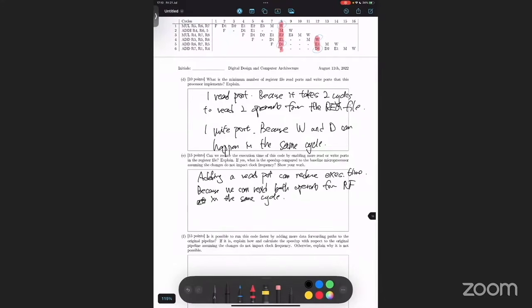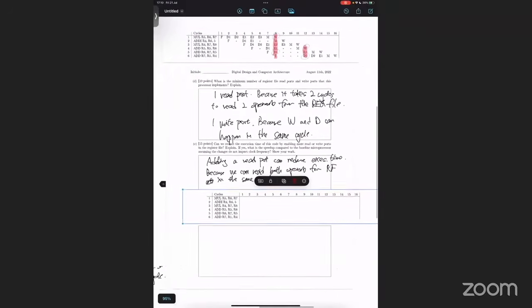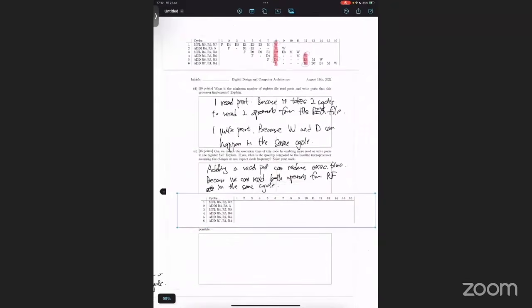So now we need to calculate the speed up. As we said, by adding another read port, basically we reduce the 2-cycle decode stage to only 1 cycle.